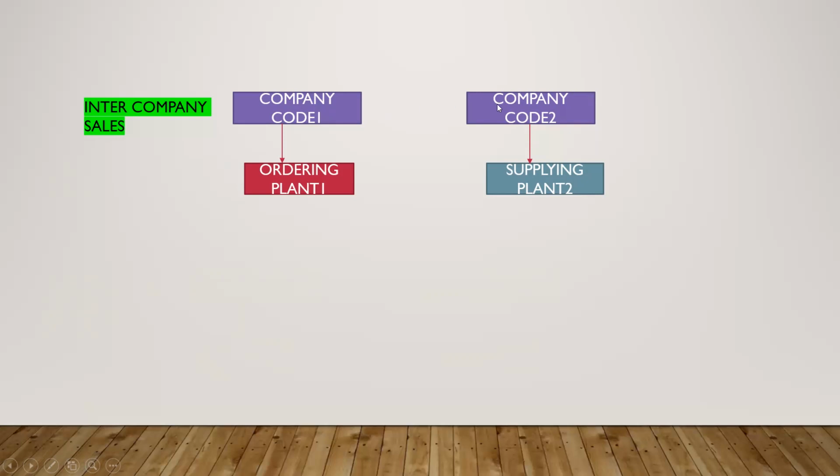N number of business scenarios come into the picture for intercompany sales. So the supplying plant will deliver the goods to the initial customer, and this company code will raise the bill to the customer. Since stock is delivered by the supplying company code to the ordering company code, between the two company codes, once again intercompany billing will be generated.